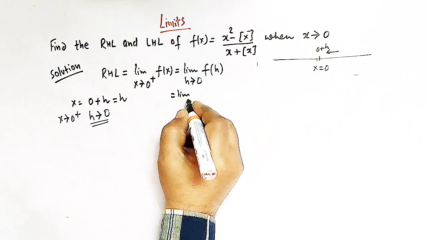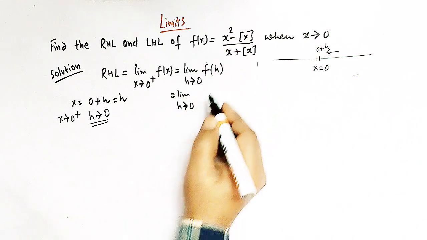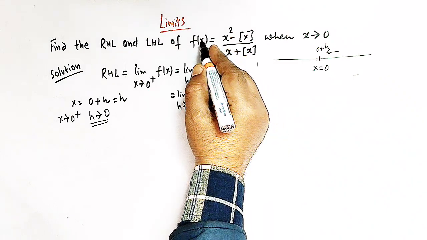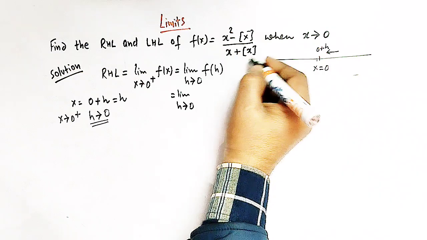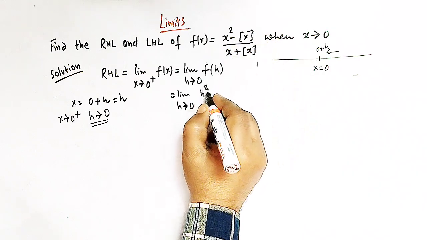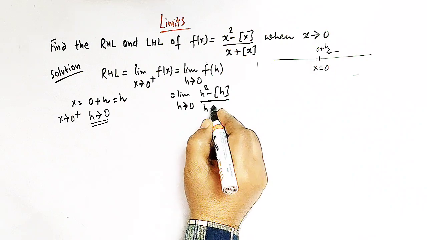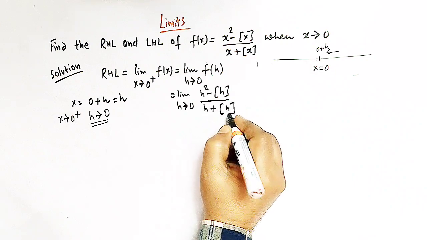So now we have limit h tends to 0, and f of h can be obtained by replacing x by h in this function. So we have h square minus greatest integer of h, then we have h plus greatest integer of h.